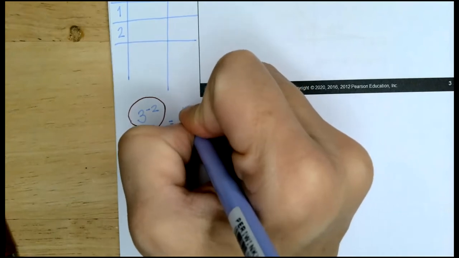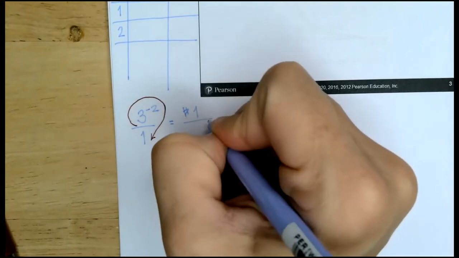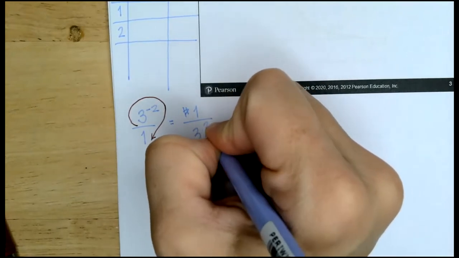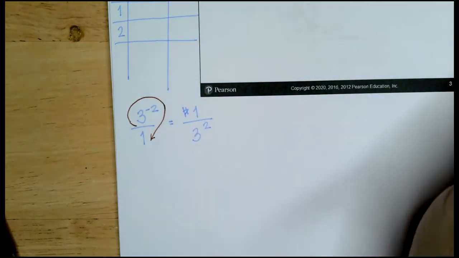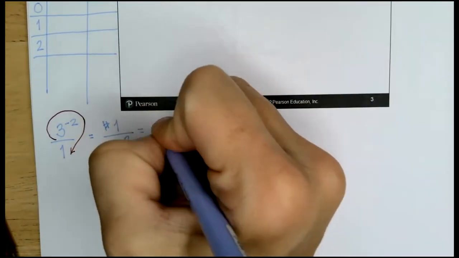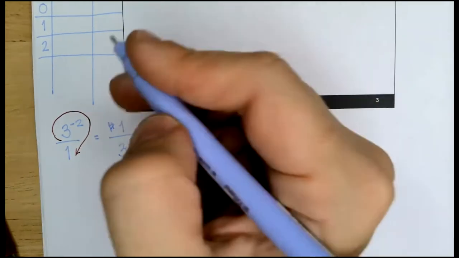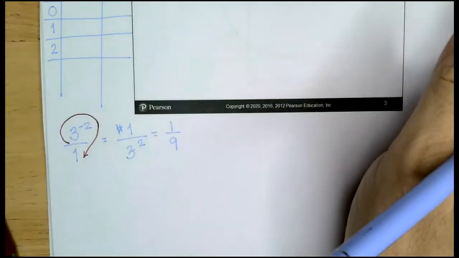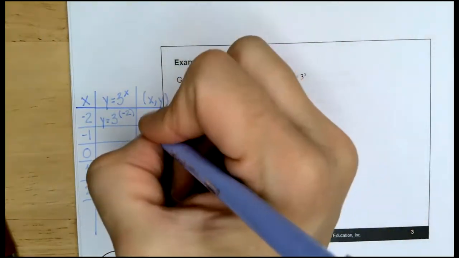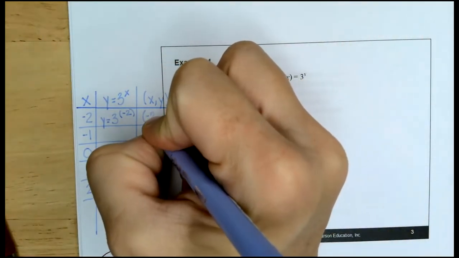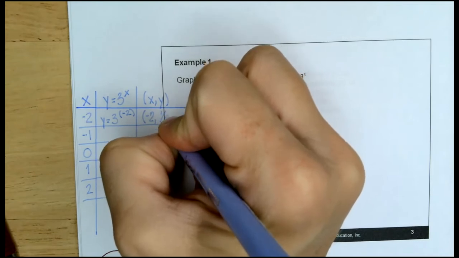So now, sorry, we don't have a 3 on top. We have a 1 on top, and we have the 3 on the bottom, and now that -2 becomes a +2. 3 squared is 9. So 3 to the power of -2 is the fraction 1/9. So when x is -2, y is 1/9.